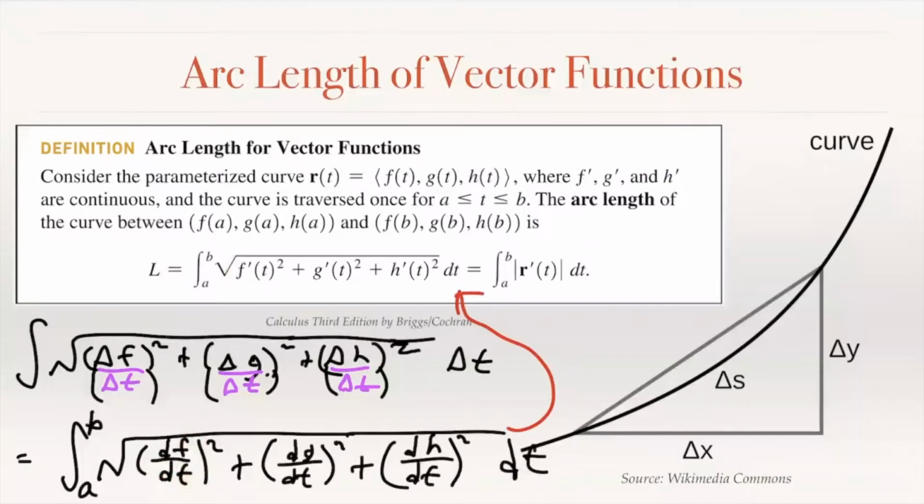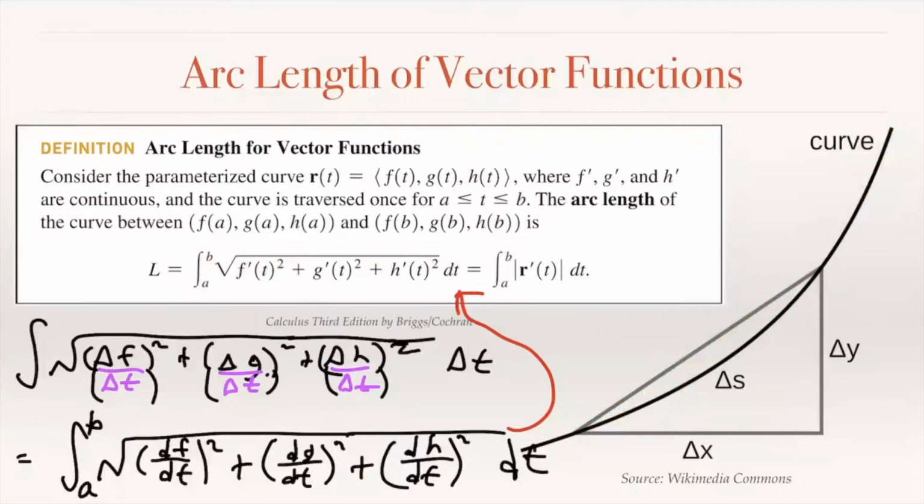So this really is a direct generalization of the Calculus 2 arc length, and hopefully that makes sense where it comes from. It's just applying that Pythagorean theorem and integrating all of those little delta s's over the length of the curve between our a and b bounds on our parameter t. So square root of the sum of the squares of the derivatives.